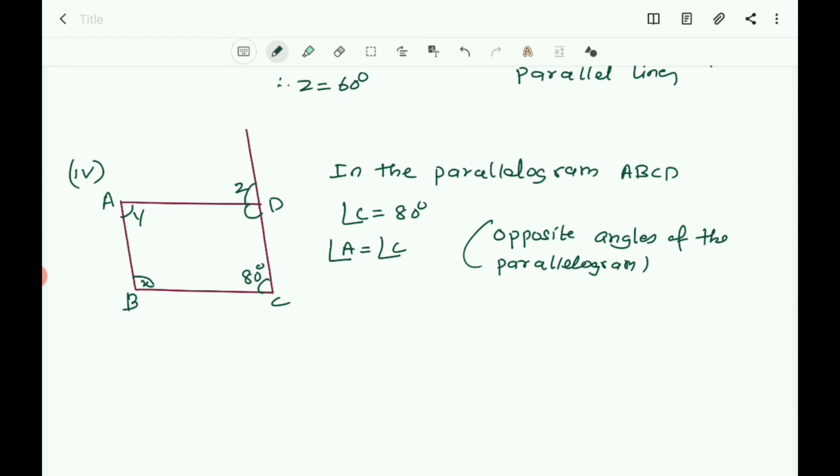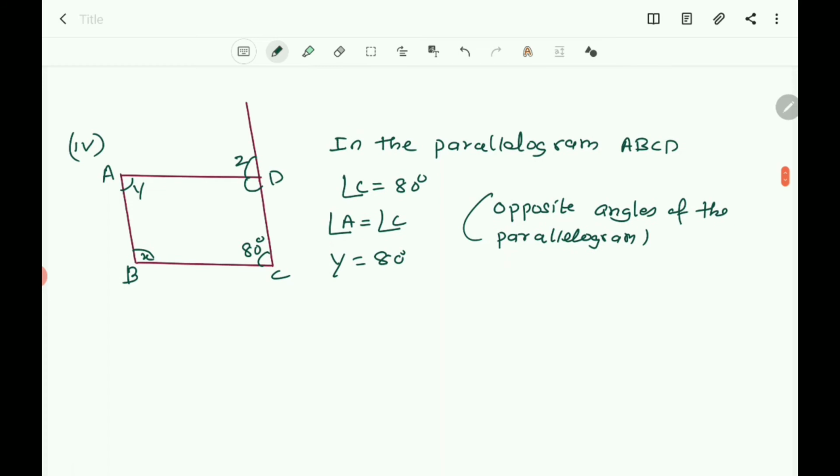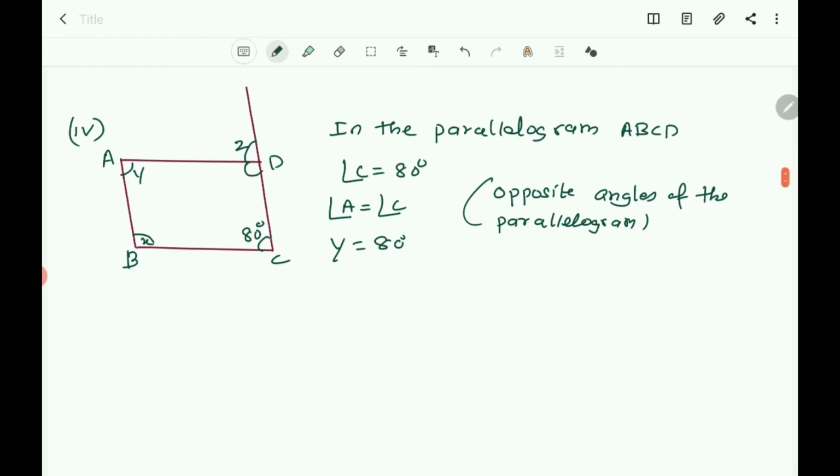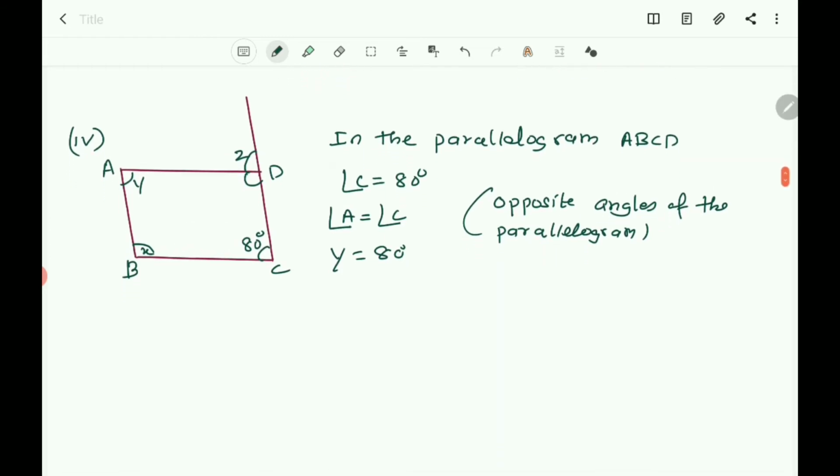So watch and listen to the video which contains the properties of the parallelogram. So here angle A is 80 degrees. Therefore, you write y is equal to 80 degrees. As angle C is equal to 80 degrees, y is equal to 80 degrees. So it is shown that angle A is y here. Now you got the measurement of angle A, that is y.